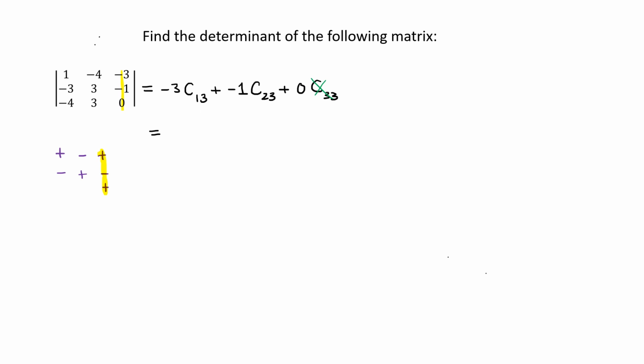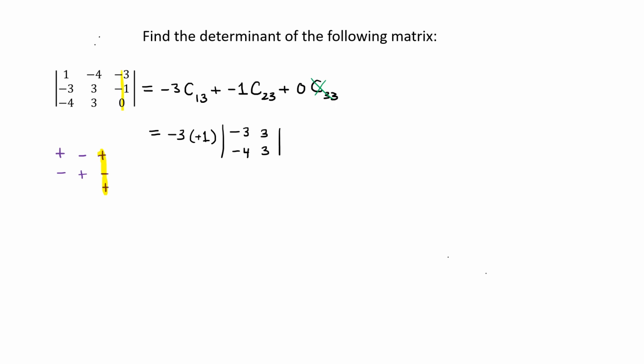So first off, we've got -3 times +1, and now we're going to multiply by the determinant of the matrix left over when we crossed out the row and column containing -3. So this is -3, 3, -4, 3.